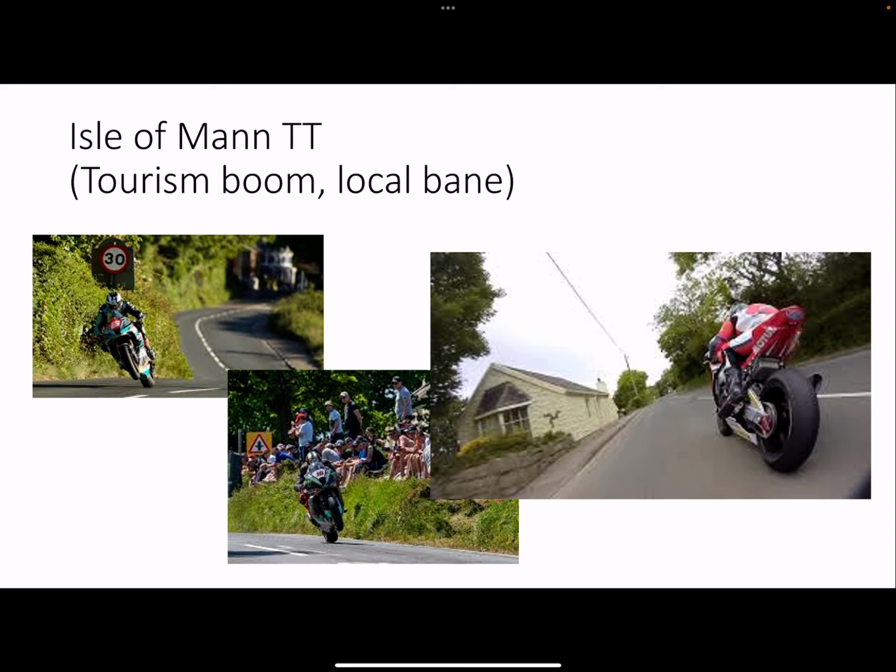Why is it so? Because the island itself isn't very big, and the route that the Isle of Man TT takes winds around the entire island. So when you're having a race, what does it mean? You don't have many roads that are not being used for the race. So it is road closure, you know. So think about it, road closure is one big problem. In Singapore, where we have the F1, when we close the roads in the CBD, basically it comes to a grinding halt.